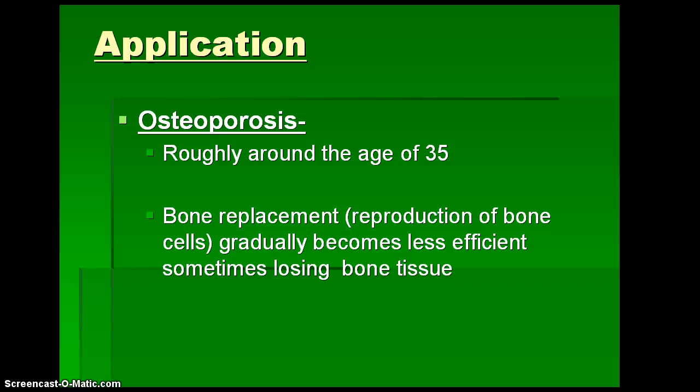As I mentioned earlier, when we're doing the different tissues in our lab activity, we're also going to be doing an observation of decalcified bones, and you're going to be able to relate this idea of osteoporosis and losing density of the bone tissue to the lab activity with the decalcified chicken bones.